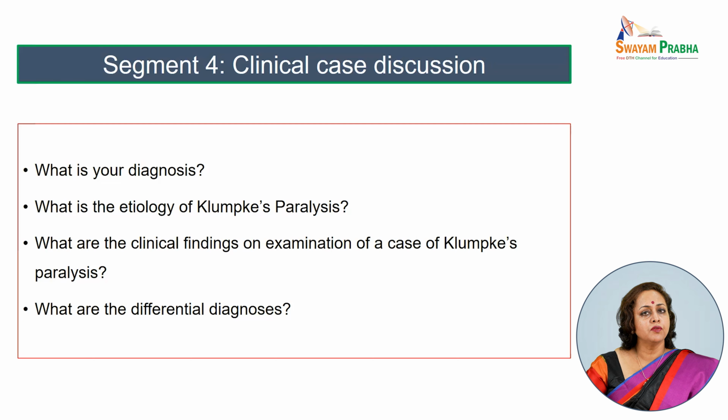Horner syndrome also is present because of the sympathetic loss of activity, as the sympathetic fibers of the head, face and neck pass through the T1 nerve.